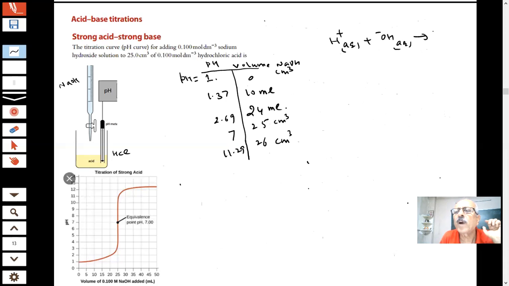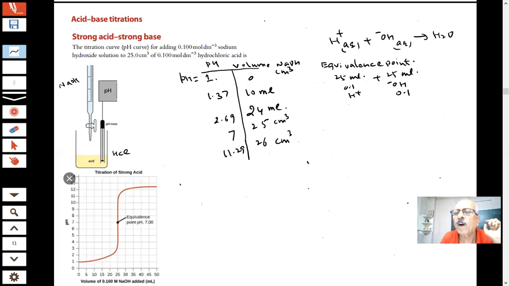At equivalence point, what happened? At equivalence point, is when you have 25 milliliter of 0.1 H plus, 25 milliliter of OH minus 0.1.